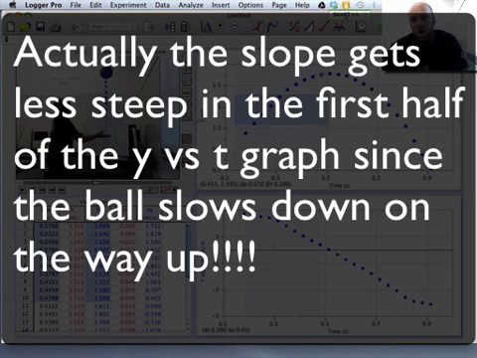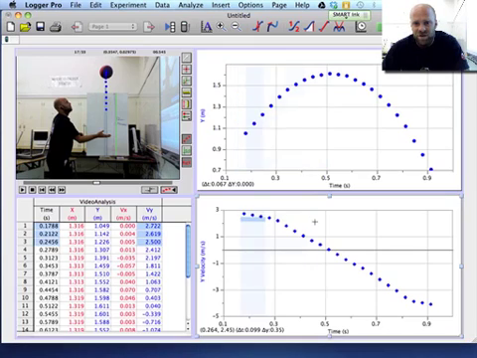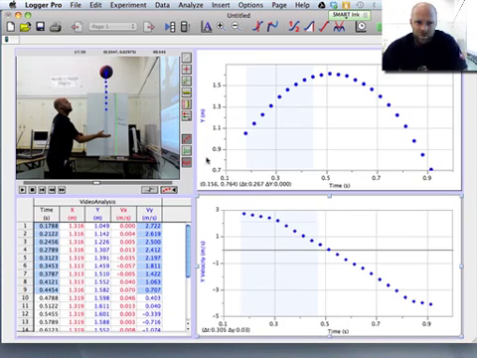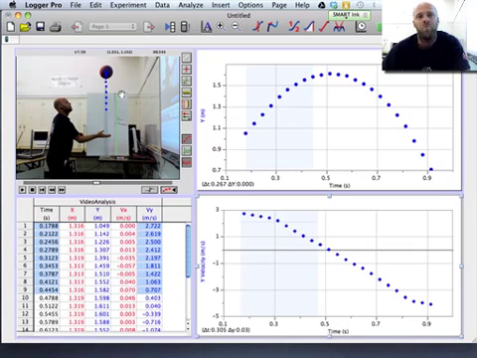Now these slopes are all positive, indicating that these velocities before half of a second are all positive. We, remember, defined upwards as positive because when we set scale, we clicked on the bottom of the whiteboard and then we clicked on the top. So that makes upwards positive in direction.